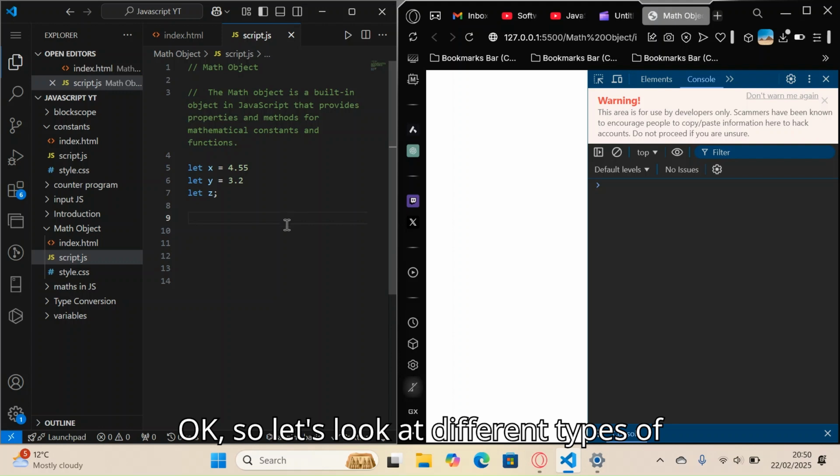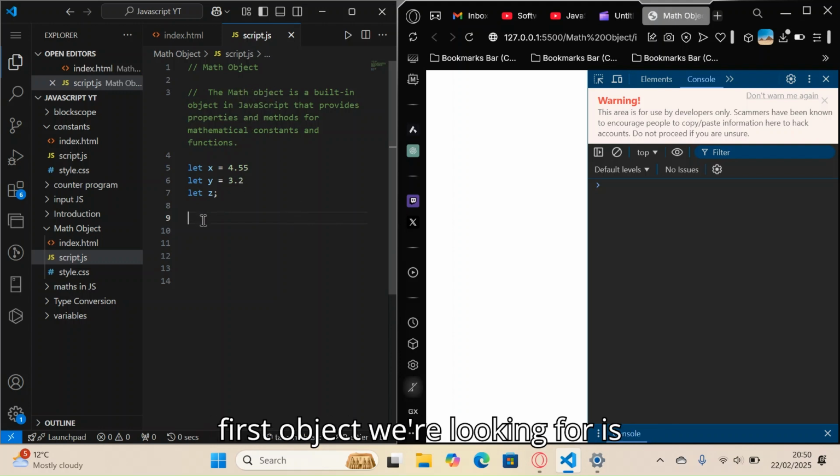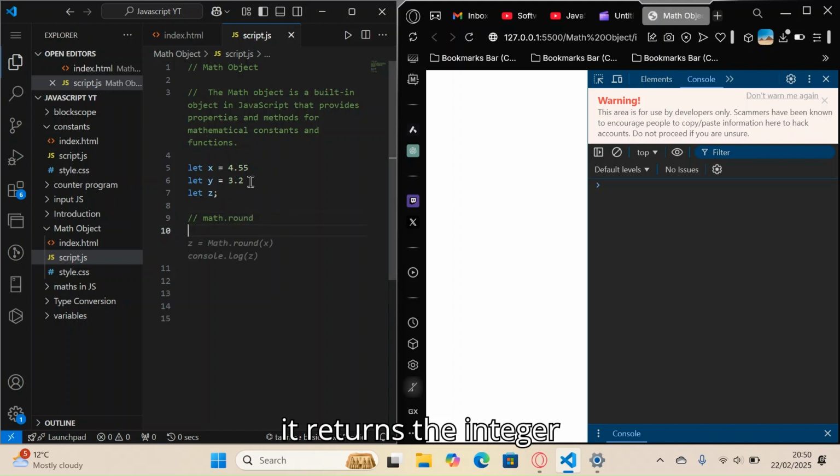Okay, so let's look at different types of built-in objects for math. The first object we're looking at is math.round. It returns the integer, rounding to the nearest number.